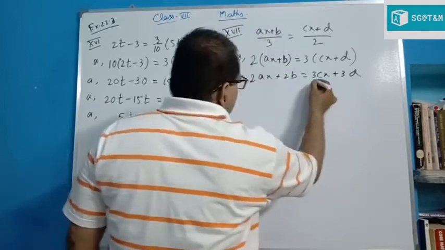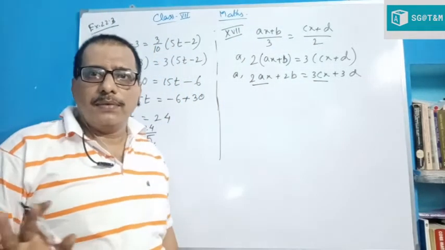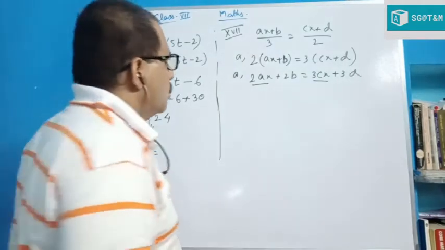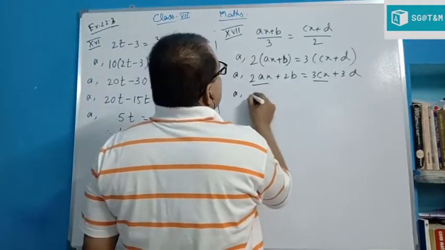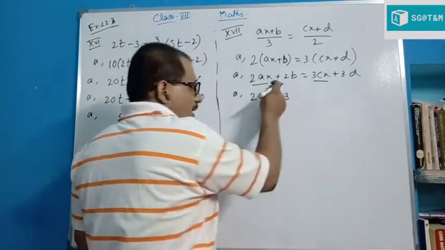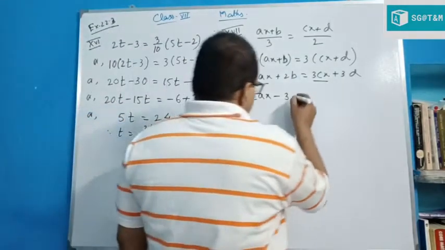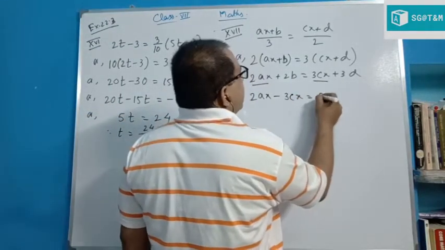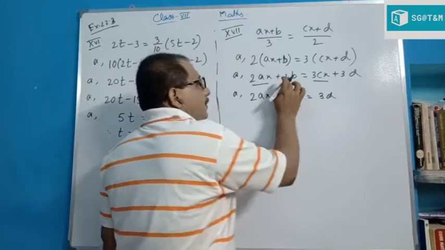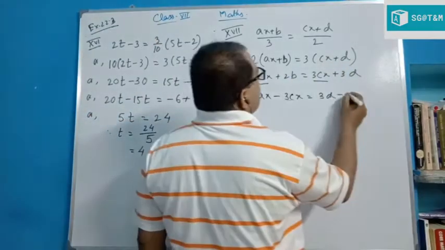So x contains this term and this term only, and other two terms are free from x. So write in this way, 2ax minus, if we take into left hand side, then it is minus 3c into x. 3d remain intact. If we transfer this one in right hand side, so it is 2b.